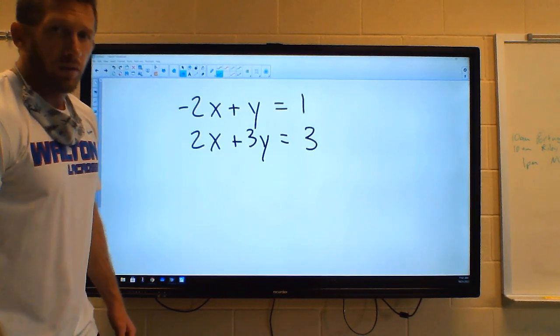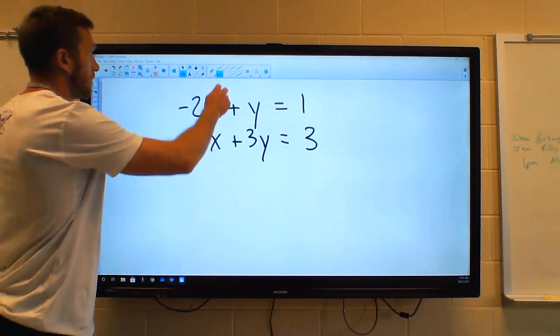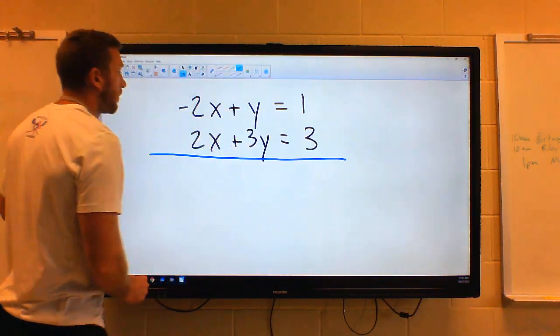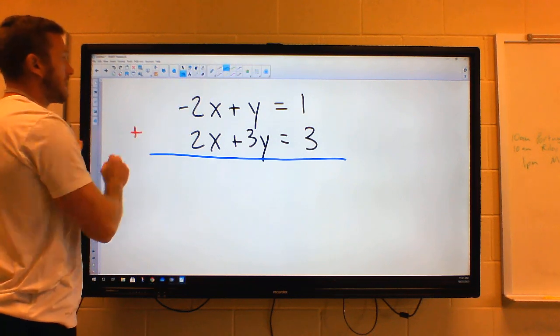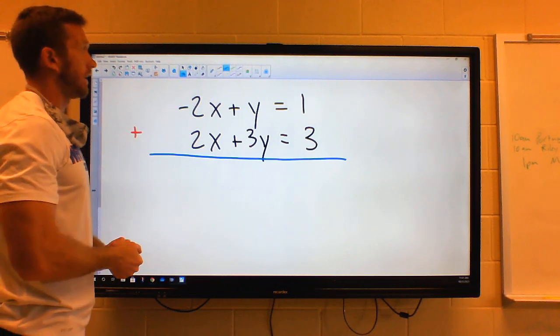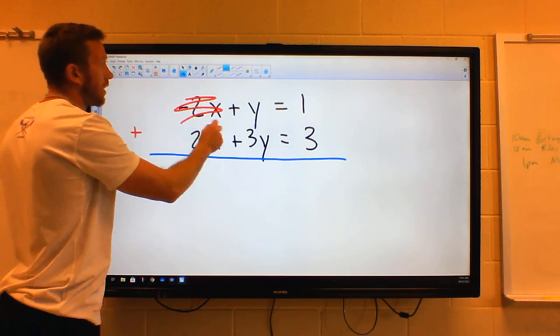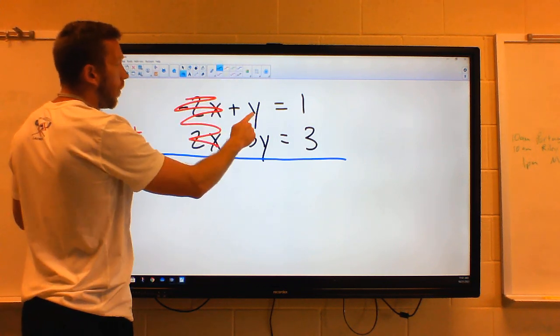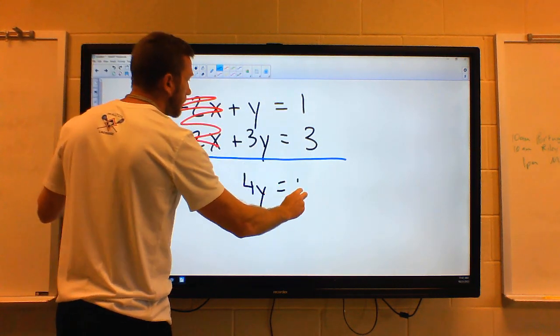If you look at this, you should see that x has equal but opposite coefficients. When we have equal but opposite coefficients, we can just combine them through addition right away. Because -2x and +2x cross off, y plus 3y makes 4y, 1 plus 3 makes 4.